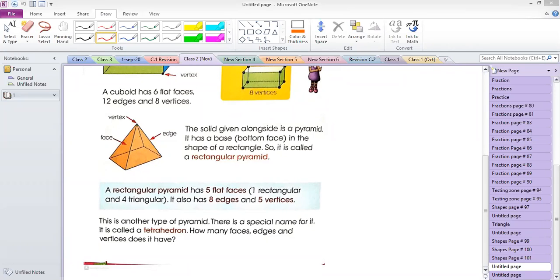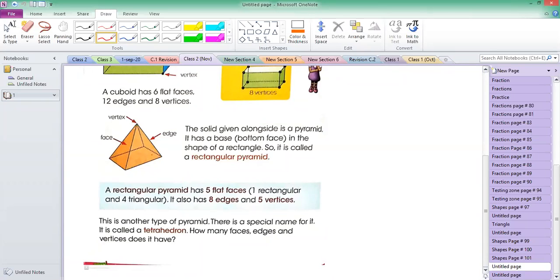This is right. Okay. And this is base. So there are 1, 2, 3, 4, 5 faces. Among 5 faces, 4 of them are in triangular shape, and the base of it is rectangular.